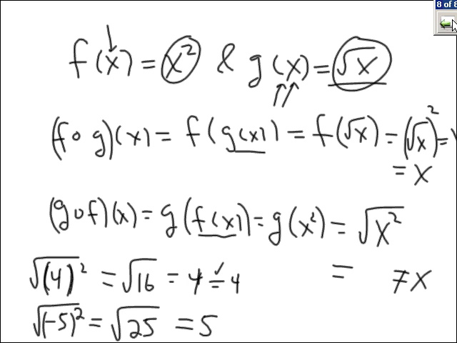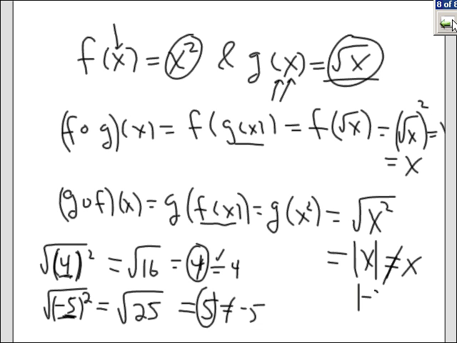4 equals what's in the brackets, but 5 does not equal what's in the brackets. In fact, I'm getting back the absolute value of what's in the brackets. The absolute value of 4 is 4. The absolute value of negative 5 is 5. The absolute value of x is not x.